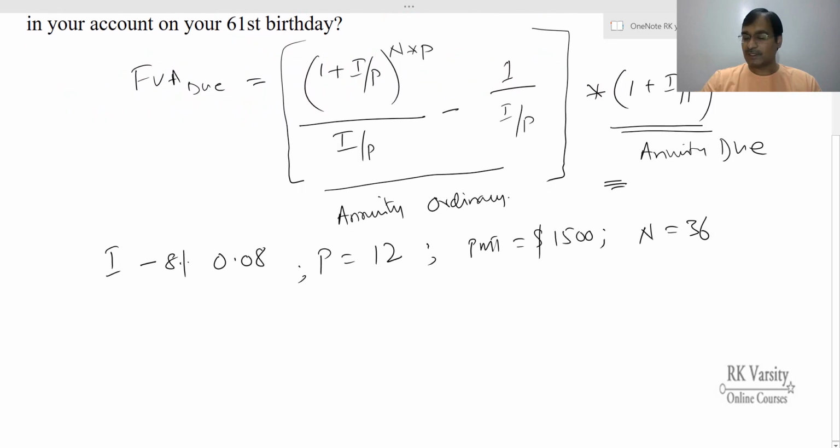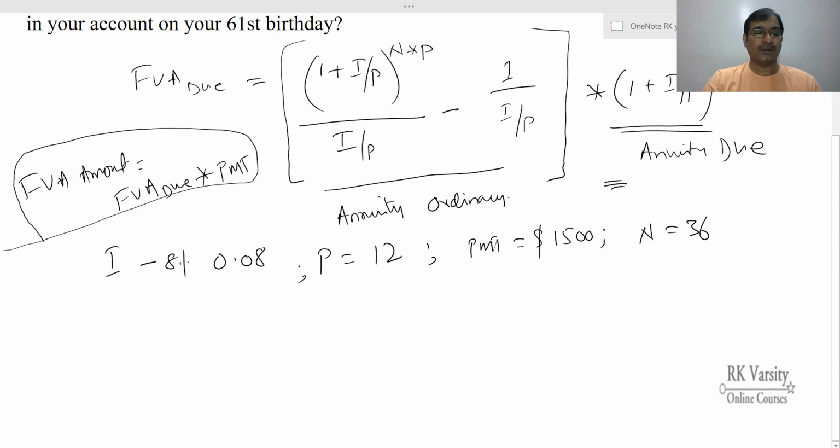So we'll substitute this and calculate the future value annuity factor first, then we'll calculate the future value annuity amount. Your future value annuity amount equals future value annuity due times payment. This we'll do at the end.